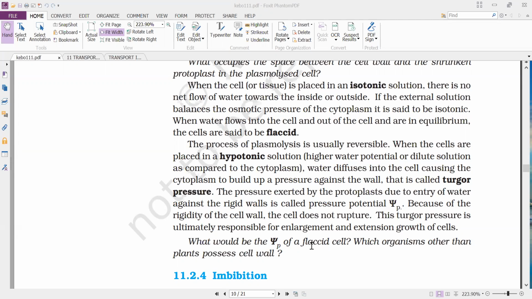When you place a cell in a hypotonic solution, then entry of water into the cell is observed, and that water, or the cytoplasm of the cell, will exert some pressure on the cell wall, and that is called turgor pressure.